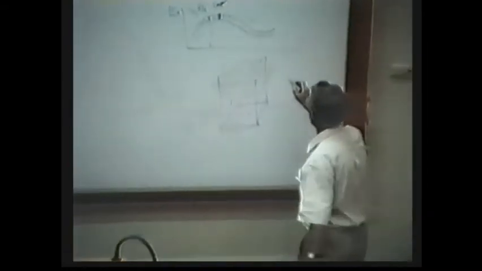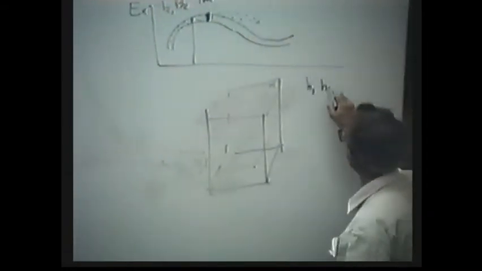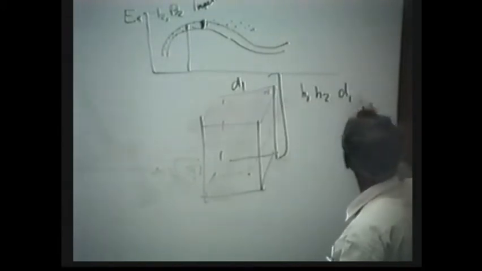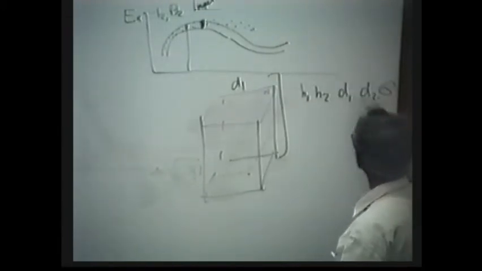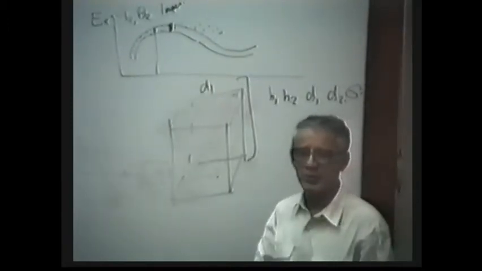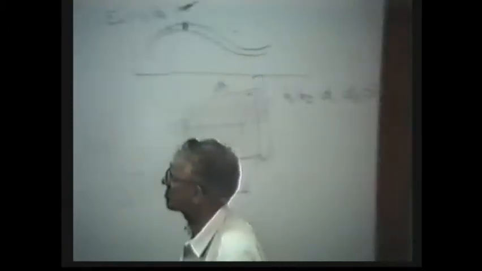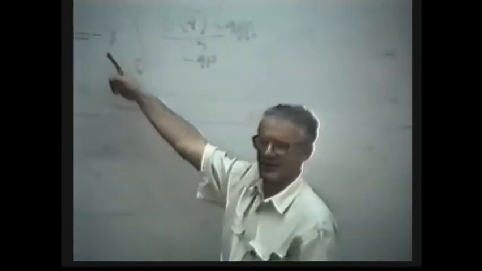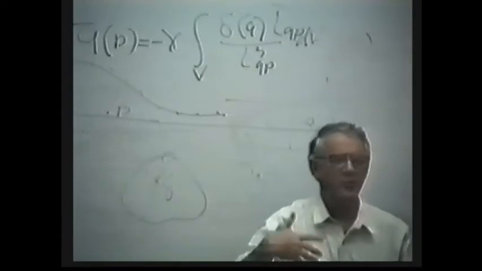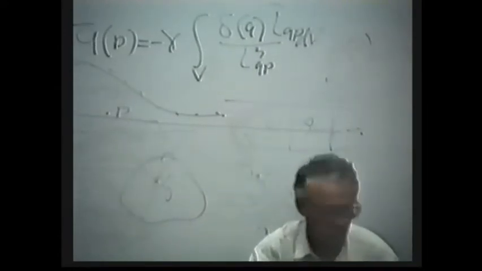So we take some parameters, H1, H2, D1, D2, density: 1, 2, 3, 4, 5 parameters. We substitute them in this equation, correct? We perform the calculation.